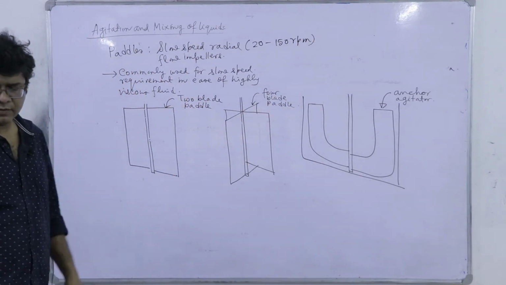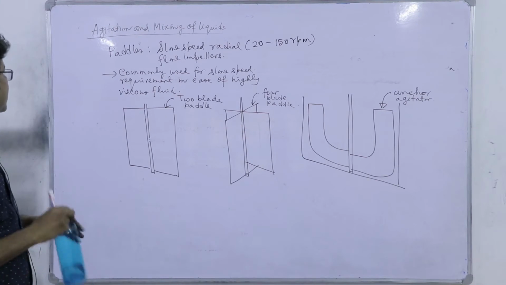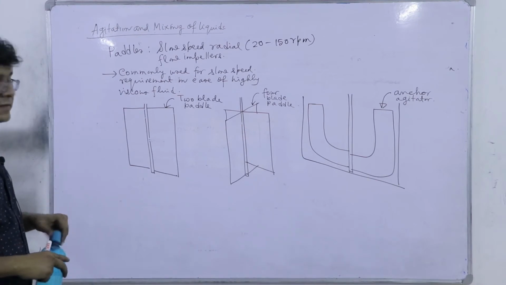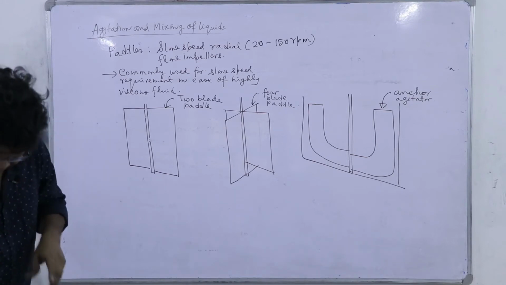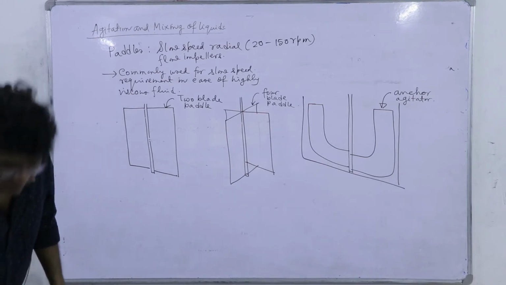So next, we have the high speed radial flow impellers, which are called turbines. So let's see what turbines are.